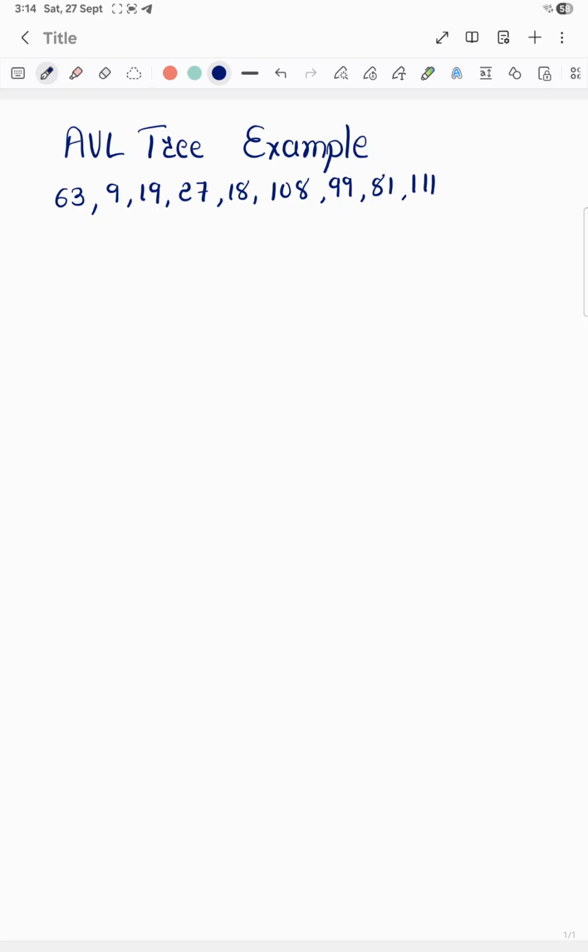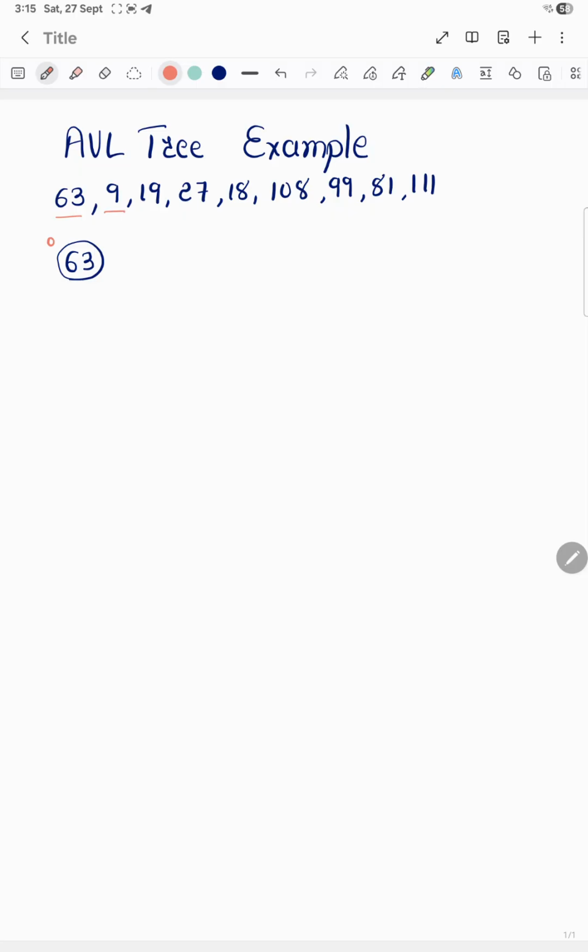Let us start with the first element, which is 63. I'll simply create a node 63, and its balance factor is 0. Now the next element is 9.